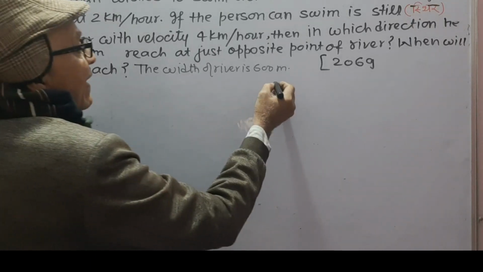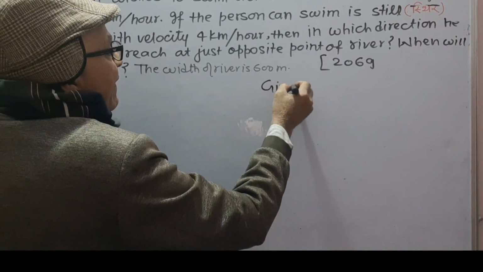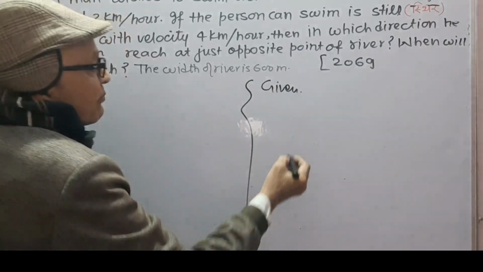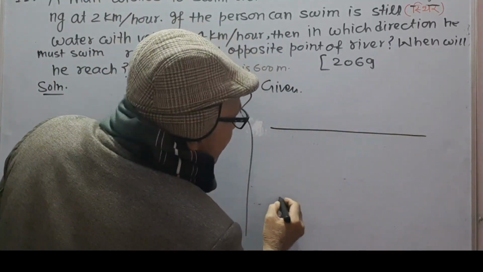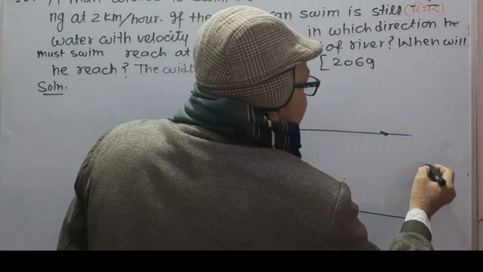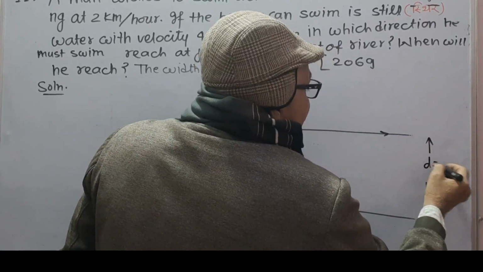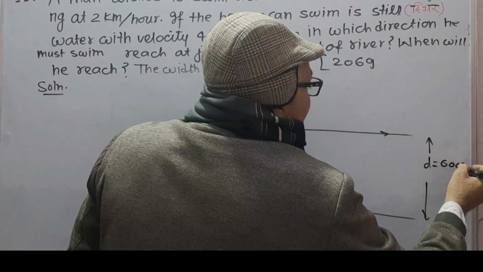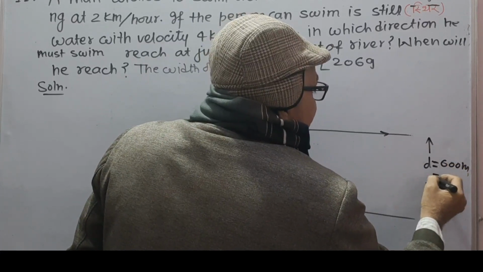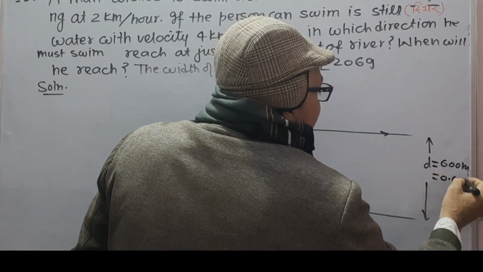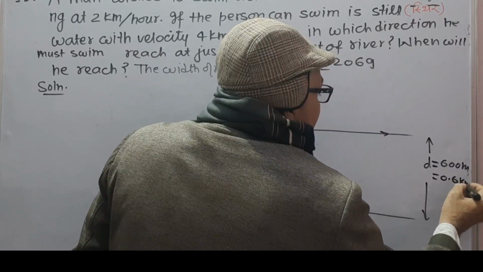Here given. Suppose this is river. Width of river is 600 meter, which may be written as 0.6 kilometer.